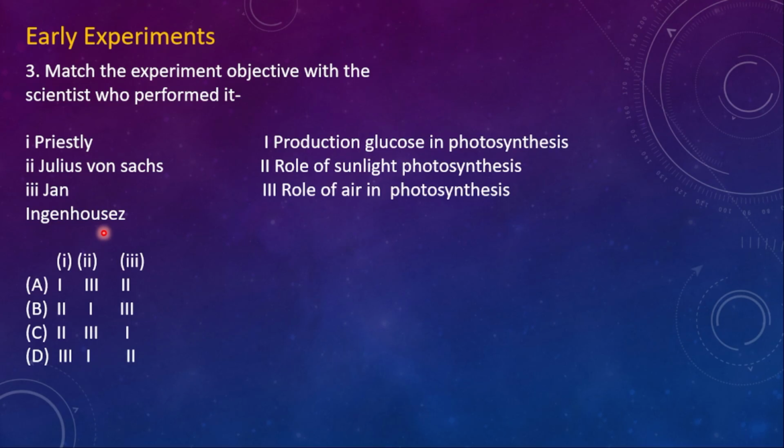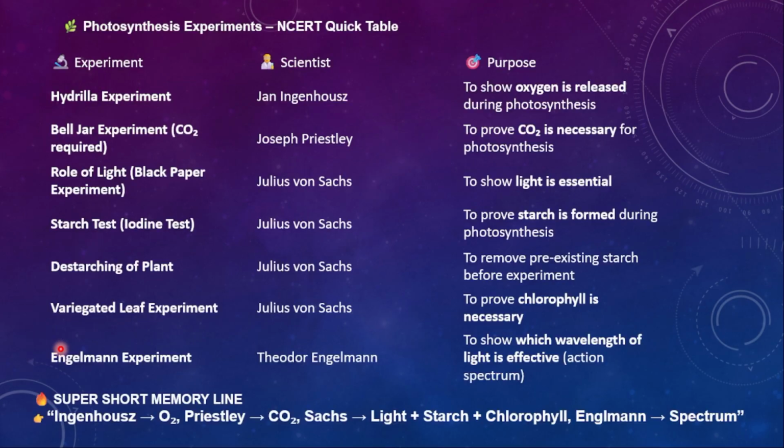Priestley is for the role of air in photosynthesis, Julius von Sachs is for production of glucose in photosynthesis, and Jan Ingenhousz is for the role of sunlight in photosynthesis. So 1 is 3, 2 is 1, and 3 is 2. That is option D.